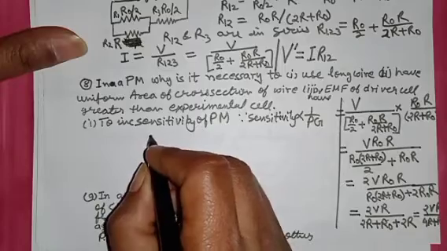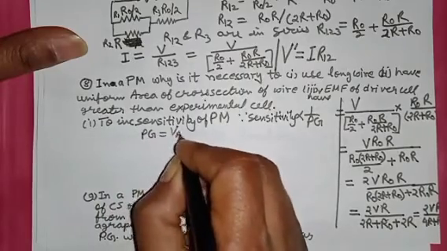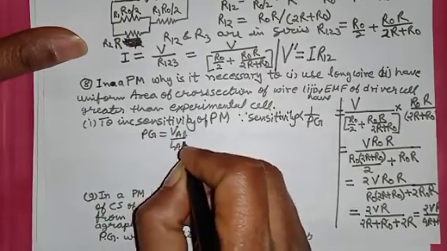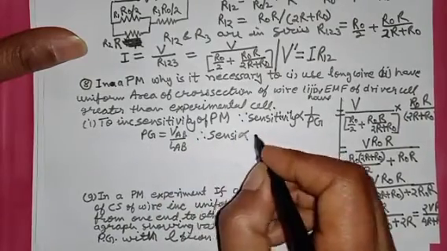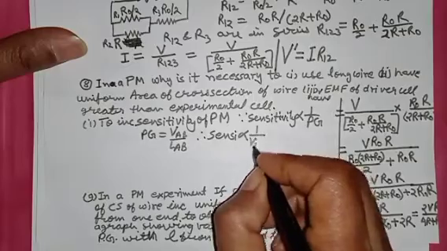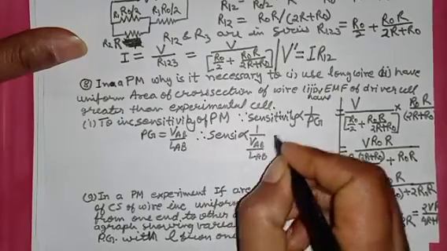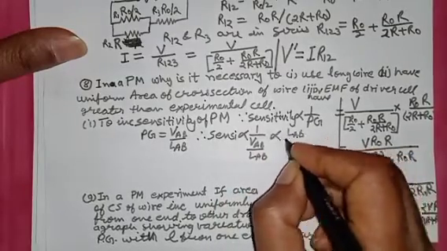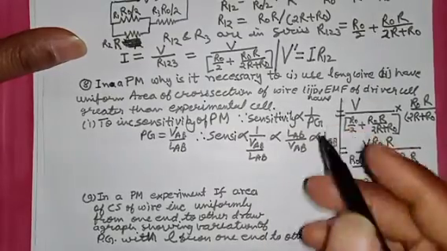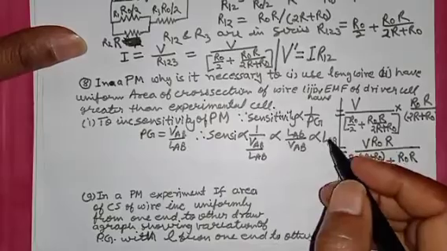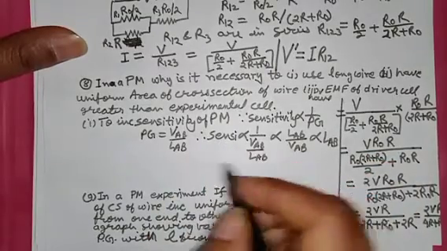And the potential gradient is V_AB upon L_AB. So sensitivity is 1 upon (V_AB upon L_AB), which is directly proportional to L_AB upon V_AB. So it is directly proportional to length. That is why if we increase L, sensitivity will increase.